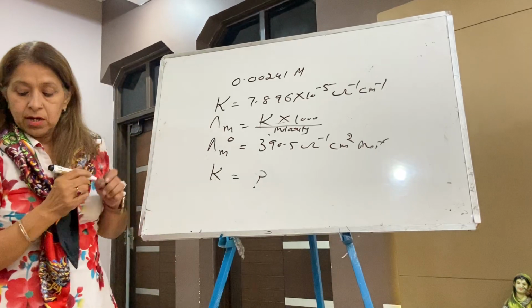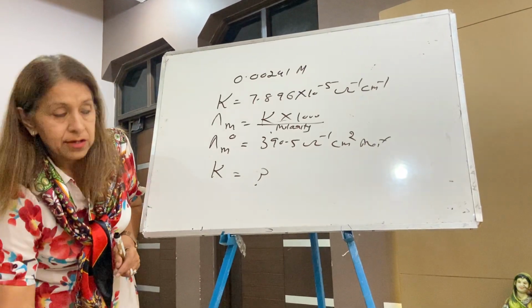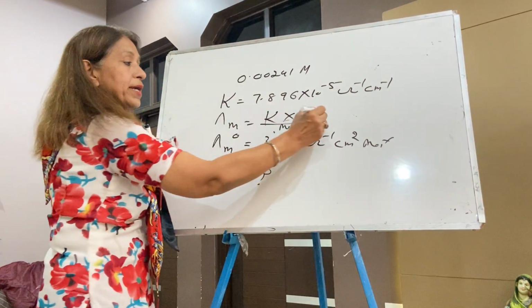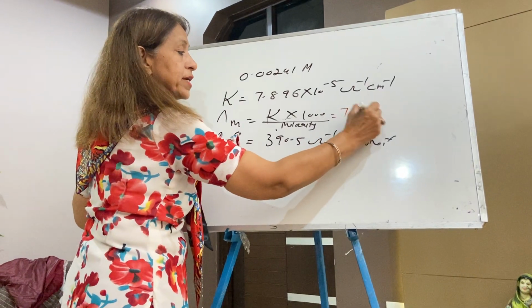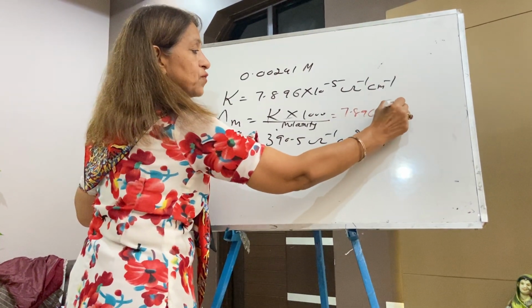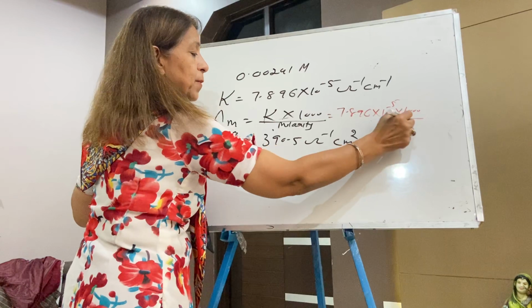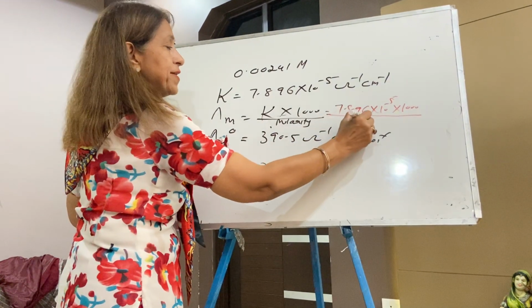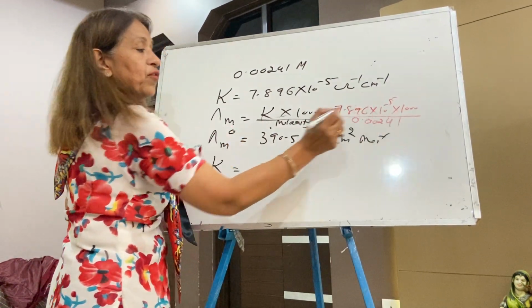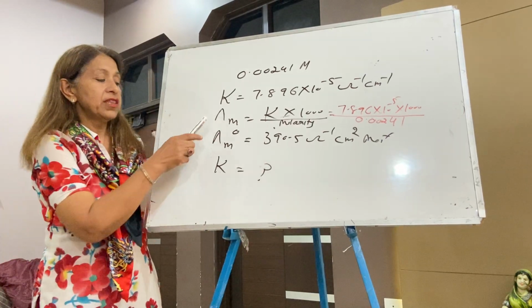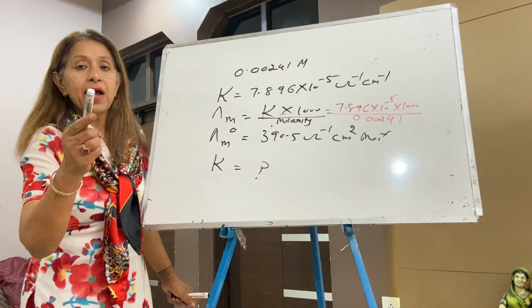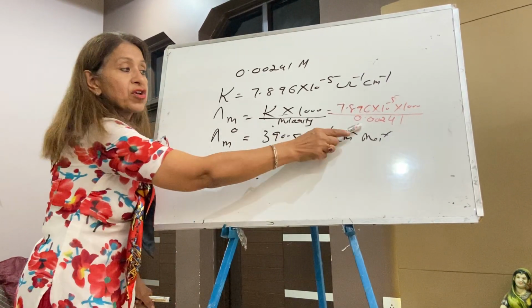Put the value: lambda m is equal to 7.896 into 10 to the power minus 5 into 1000 by molarity. I think the molarity is 0.00241. Put the molarity. In this way, you have calculated lambda m at a particular concentration.